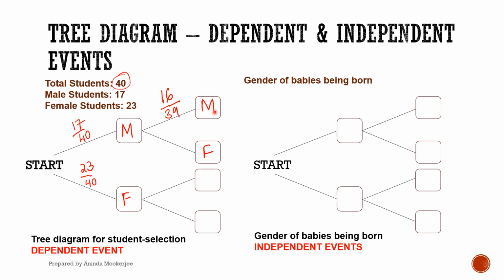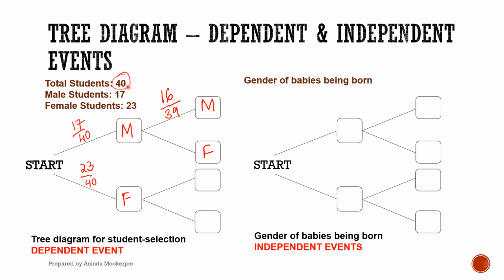Because in the second draw, we've already pulled a student, right? So the total number of students in the second draw would be 39, because we've pulled one student out and we are not replacing that student back into the pool. So it's going to be without replacement.